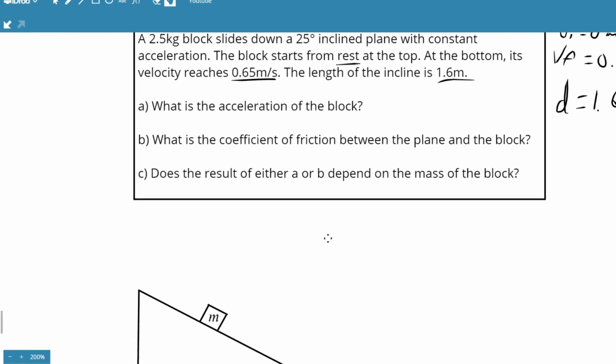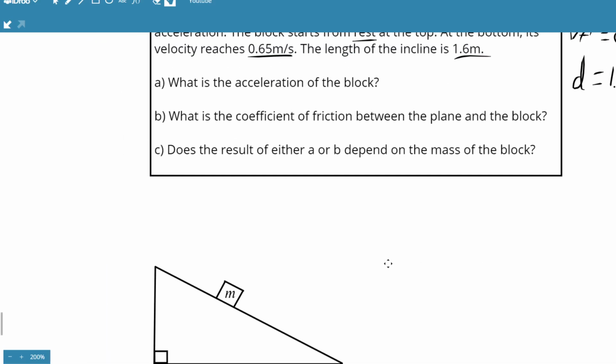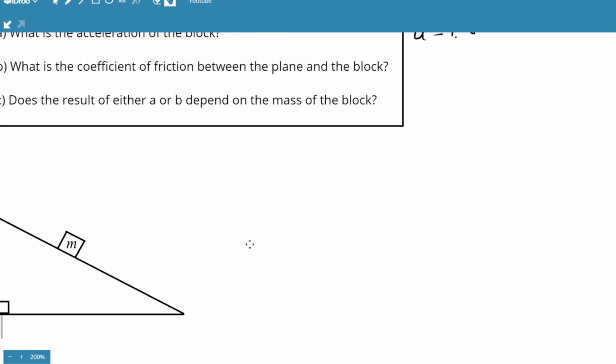So now for question B, what is the coefficient of friction between the plane and the block? This is the tricky part. So we should start by making a free body diagram. I'll just use a circle for this.